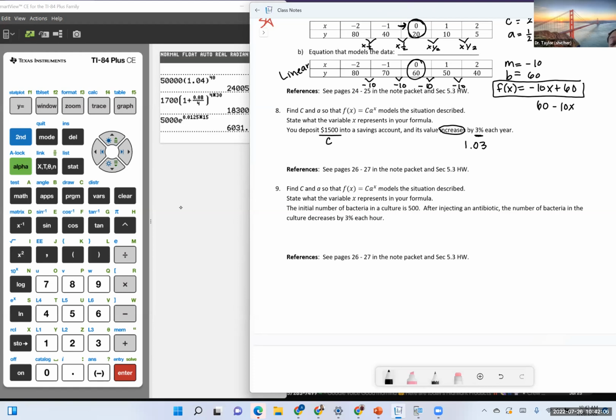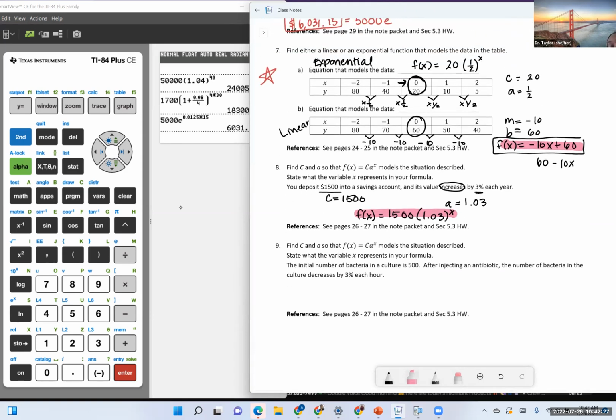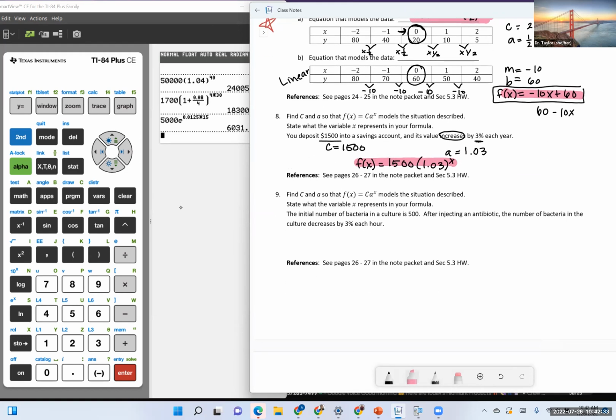Okay, so that's my A value. So when I put this together, f of x equals 1,500 times 1.03 to the x. Questions?